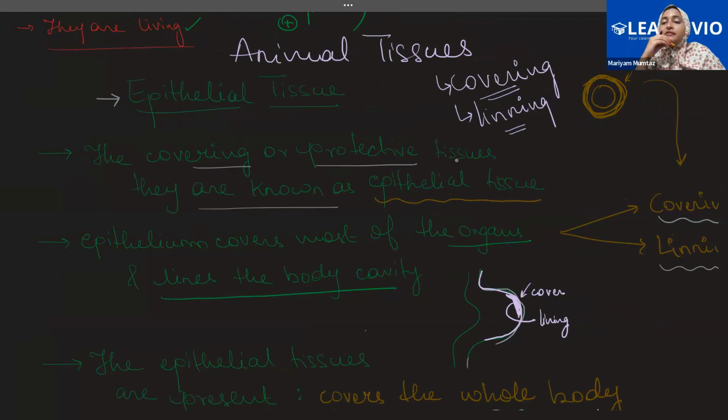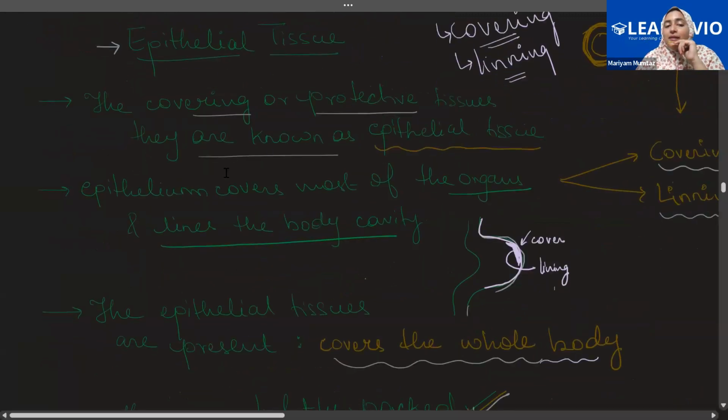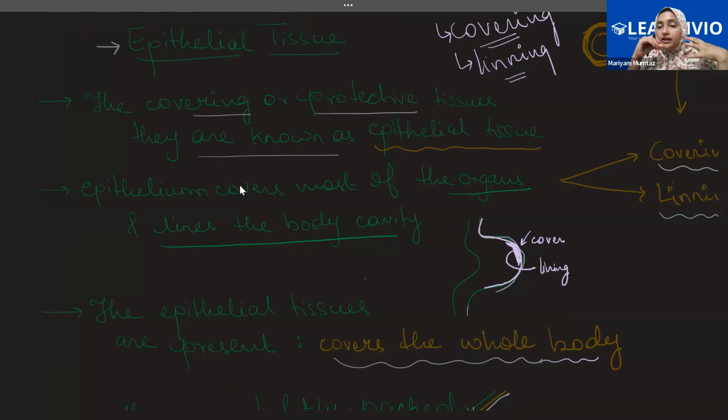It doesn't matter if it is present as a covering or as a lining. The most important function that the epithelial tissue does is providing protection or covering. Now, the epithelium covers most of the organs, like all of the organs that are there in our body. They are covered by an epithelium.